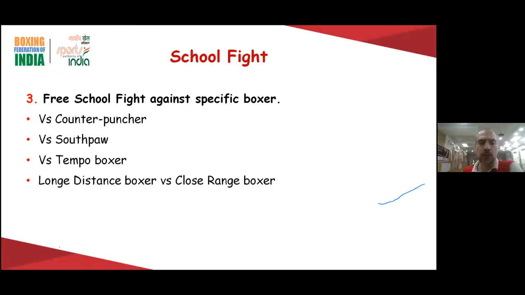One is a tempo boxer, the other one decides how to deal with a tempo boxer, etc. So against a specific type of boxer, we try to put that situation. If I know the opponent or coming opponents in a bout, you can say, okay, one boxer has to try to copy that style.